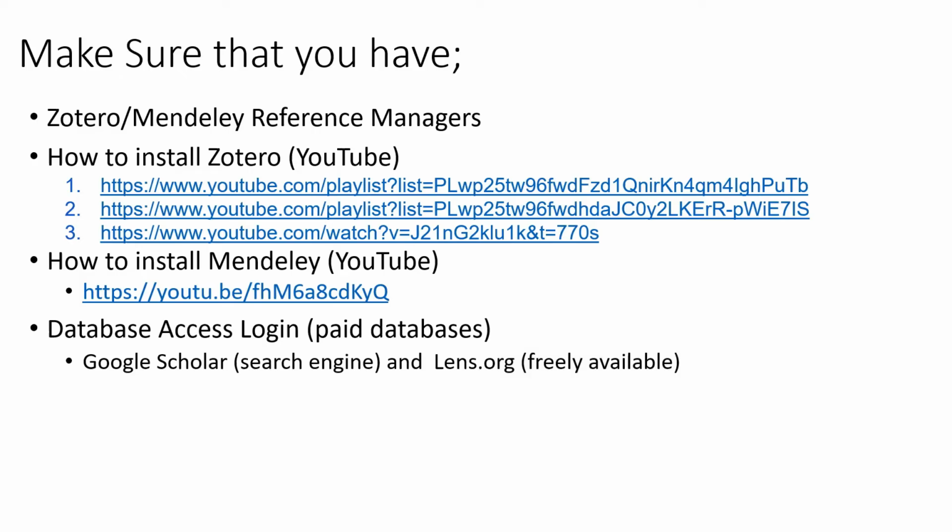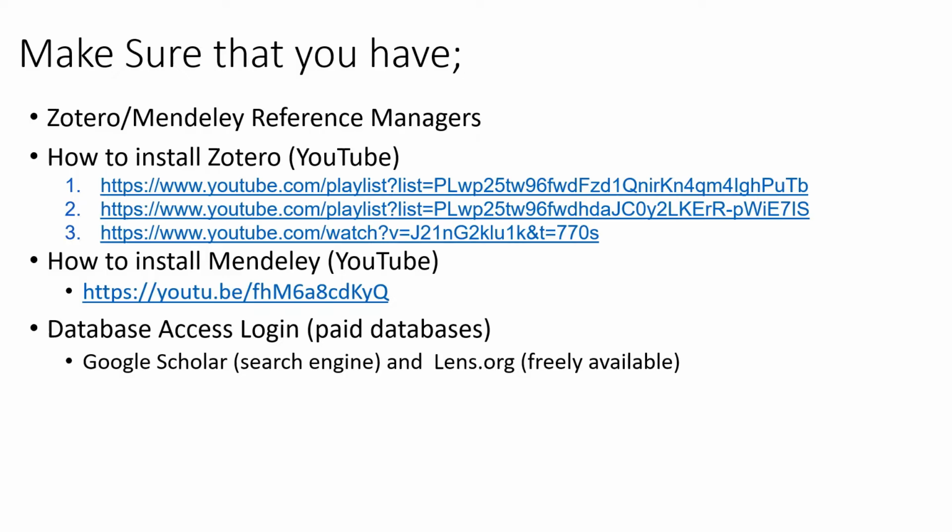Apart from that, we must have a database login, basically a paid database. We don't have that these days, but don't worry. We can use Google. I have found a method to use Google Scholar to extract the articles and download them to do the bibliometric analysis.